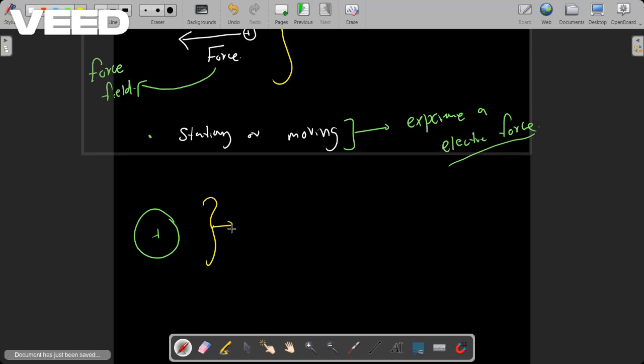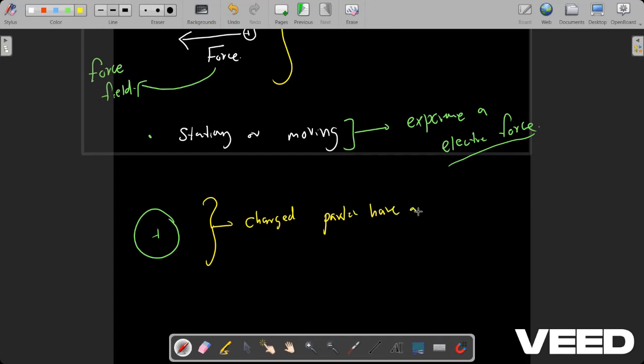Charged particles have their own electric field. It is also making an electric field around it. Charged particles have an electric field themselves.